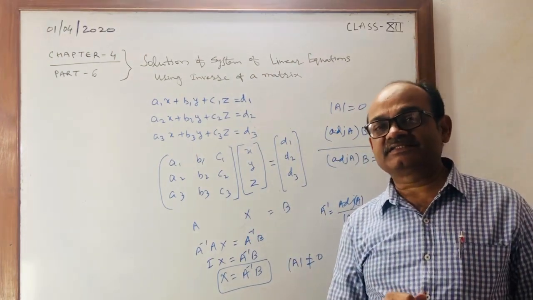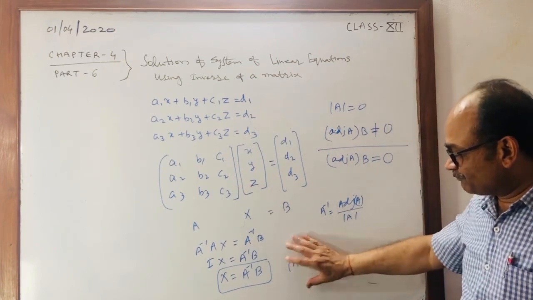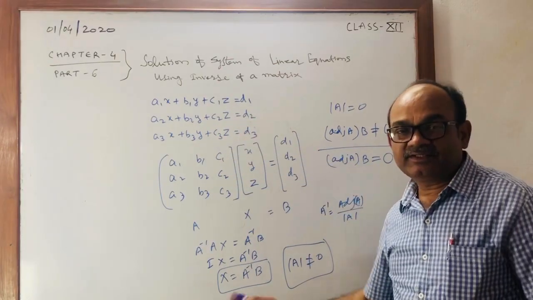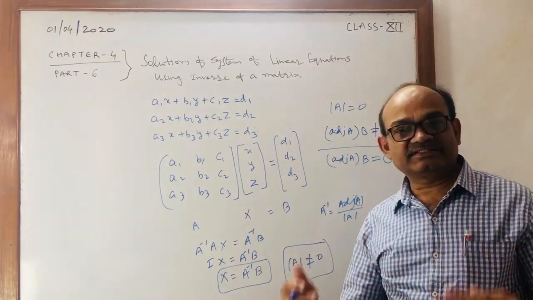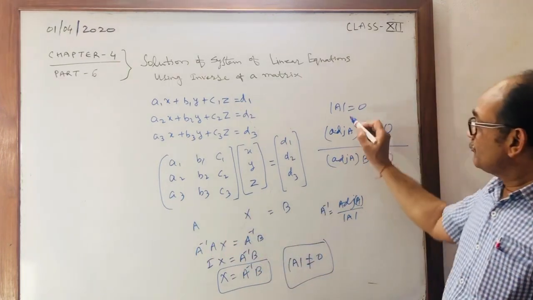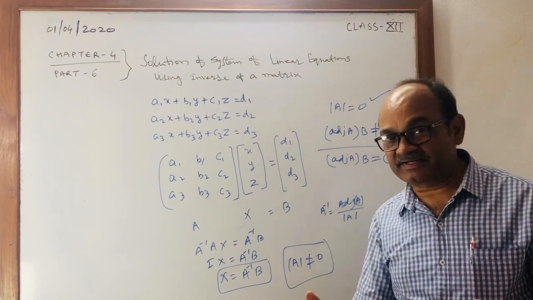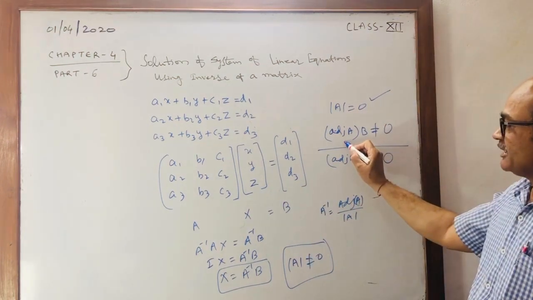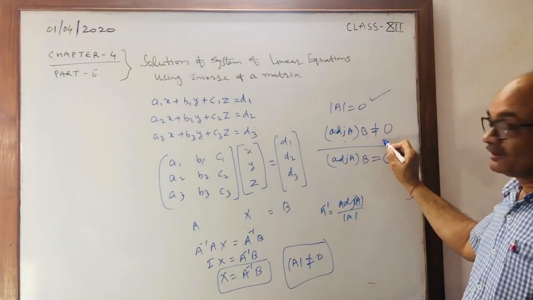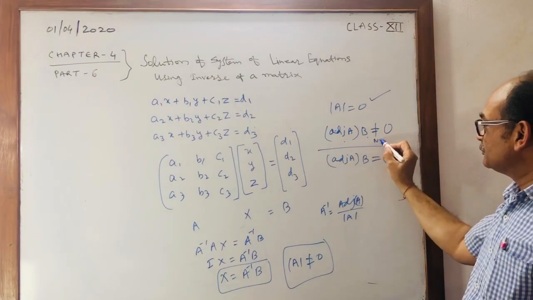How do we check the consistency of the given linear equations? First, if determinant A is non-zero, we will have a unique solution. That means the consistency of the equations is fulfilled. Second case, when determinant A equals 0, that is, it is a singular matrix, then you have to test adjoint of A into B, and if it comes non-zero, then there will be no solution.